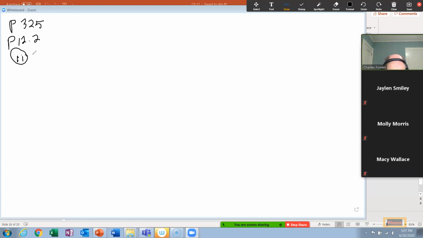A 12,000 Newton load is hanging from a steel cable that is 10 meters long and 16 millimeters in diameter. Find the stress. Okay, so what we have here, that 12,000 Newton load, that is a force.